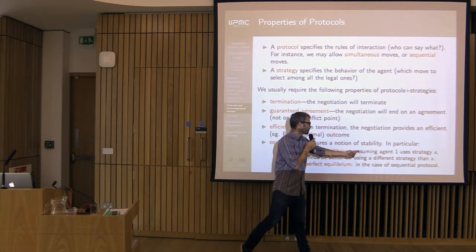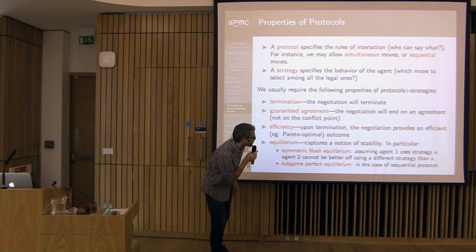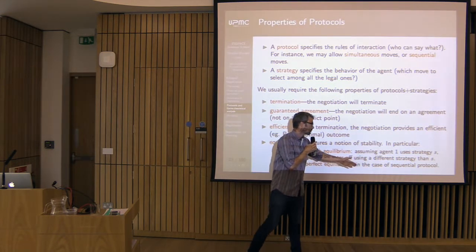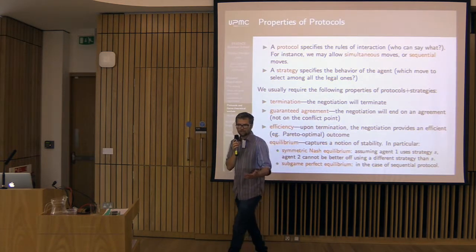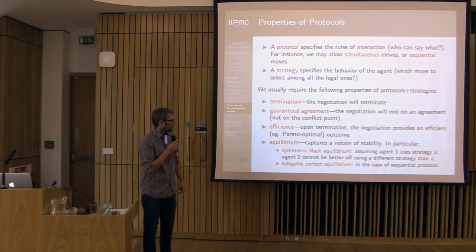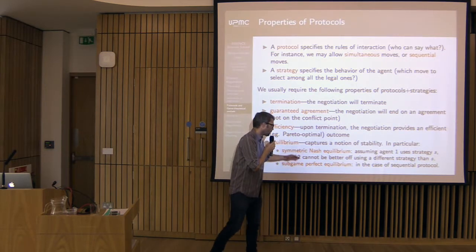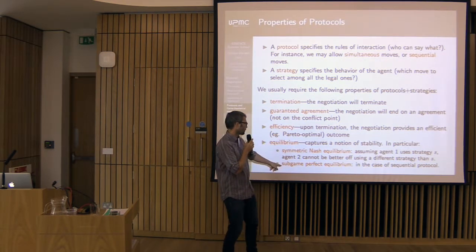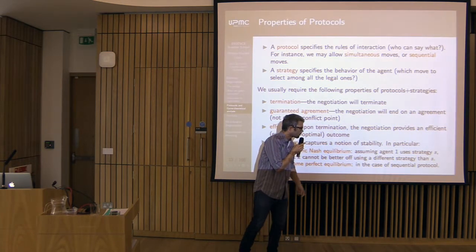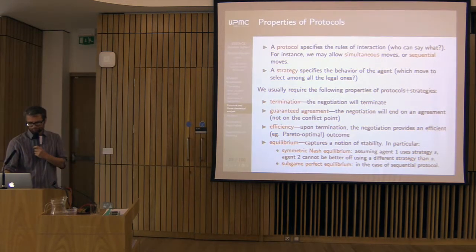Assuming that agent 1 uses strategy S, then agent 2 cannot be better off using a different strategy than S, his strategy. Otherwise he would have an incentive to deviate. Or if it's sequential, you want to be in what is called a subgame perfect equilibrium, which I will also illustrate in a few minutes.